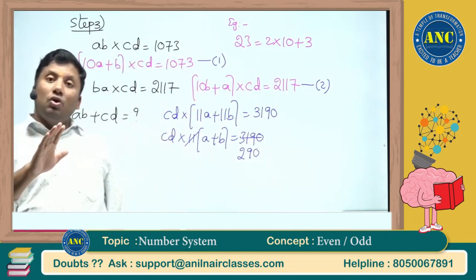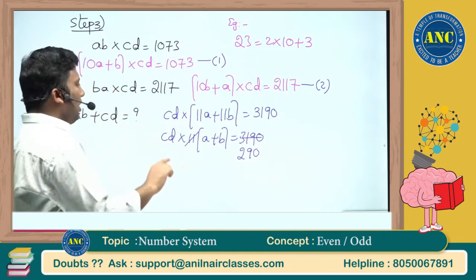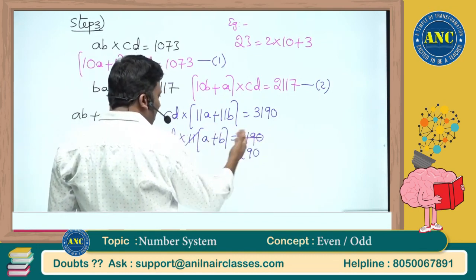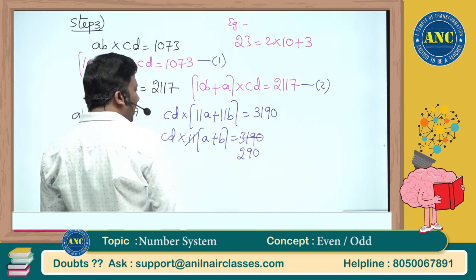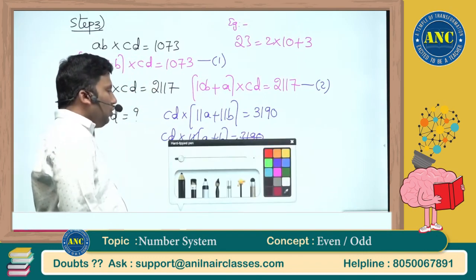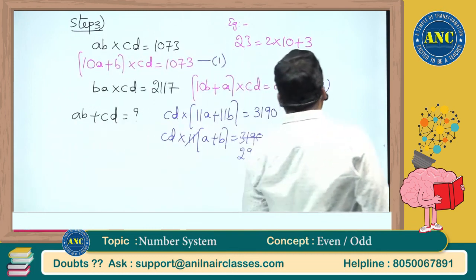Till here, I am sure it is clear to each one of you. CD into 11 into A plus B is 3190. 11 22s are 90, 290. CD into A plus B, we got it as 290. Now see here.